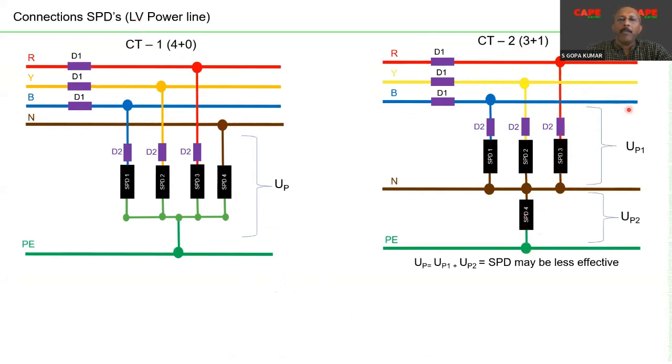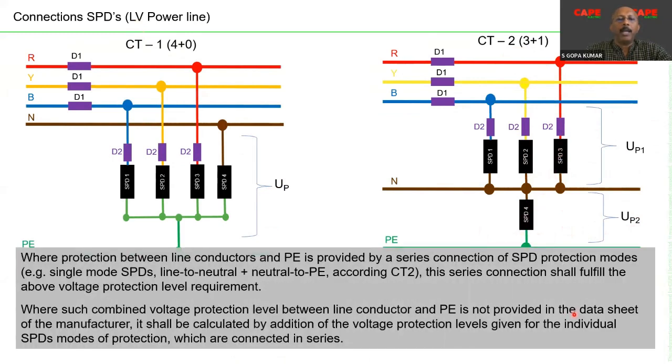The protection level of the first set of SPDs plus the protection level of the second set of SPDs, plus the voltage drops on the wire, is the effective protection level. So effectively, if you go for connection type 2, you are supposed to add the protection levels of the two different types.